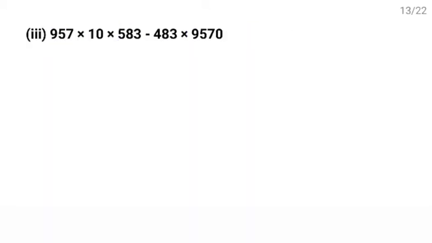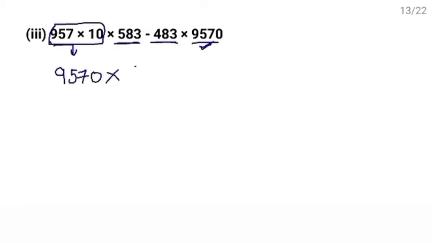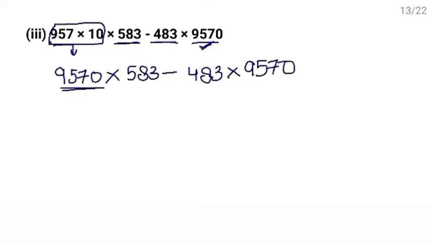Next, nothing is common here. This is 583. This is 483. And this is 9570. This is 957. So if we multiply these two, can we get this number? Yes. So multiply these two. Now it becomes 9570 multiply 583 minus 483 multiply 9570. Now we have this common.